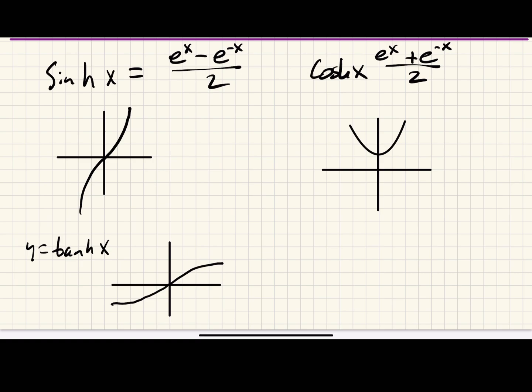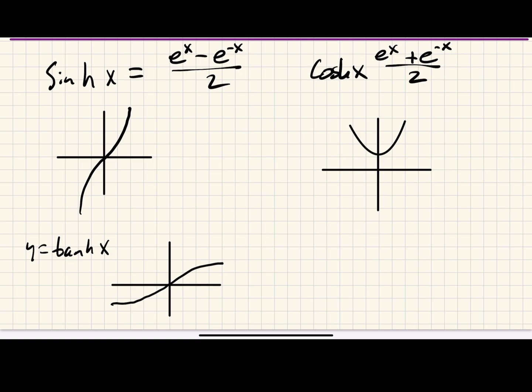And you can kind of imagine, like the hyperbolic cosine, look at the numerator terms. You got e to the x and e to the minus x. Those are both positive, right? And then I'm going to divide that by 2. So I know I'm going to take e to the x and then add some value to it. So now I'm over 2, close to 3, right? And then I'm going to divide that by 2. So the smallest I'm really going to be is, what, like right around 1.